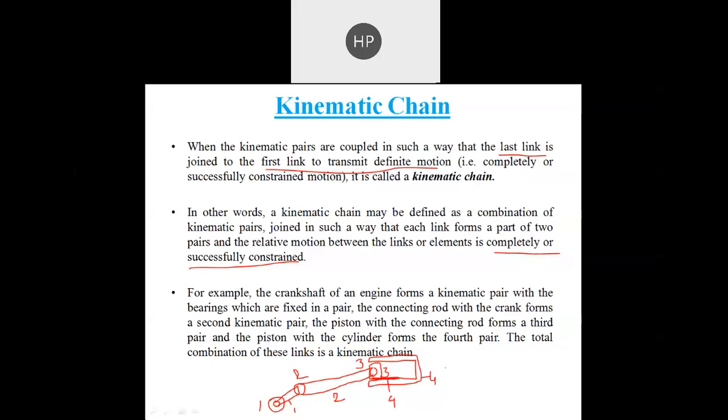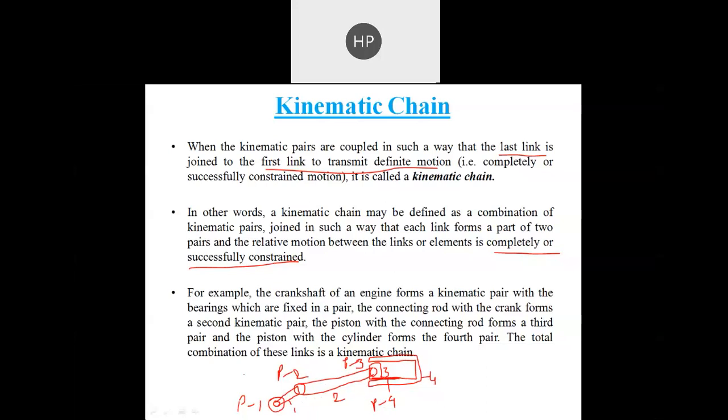In that case, this whole combination is termed as a chain, because here we have a total of 4 pairs: this is pair 1, this is pair 2, this is pair 3, and this one is pair 4. All pairs are connected in such a way that the power or motion transmitted by one goes to the fourth link.